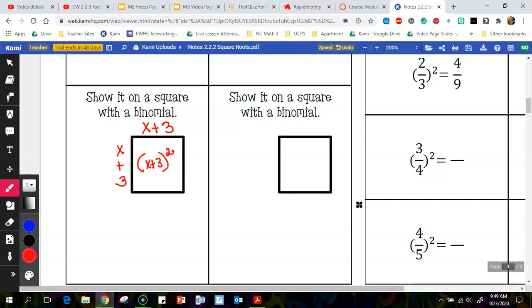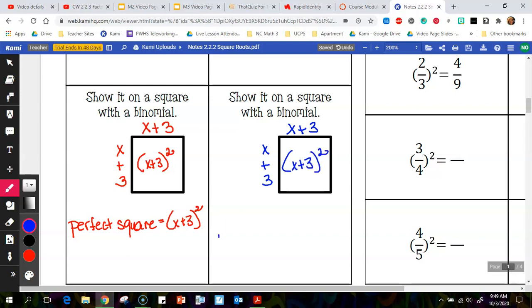So the perfect square in this situation is x plus 3 times itself, like that. Over here, we use the same numbers. The square root is the part that's out here, the one side, x plus 3.